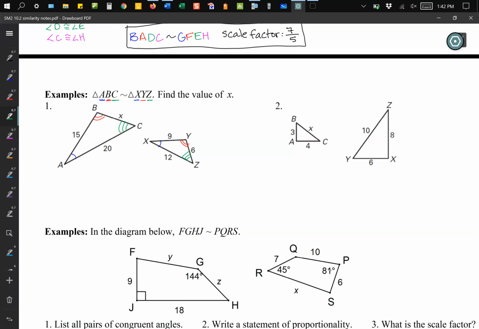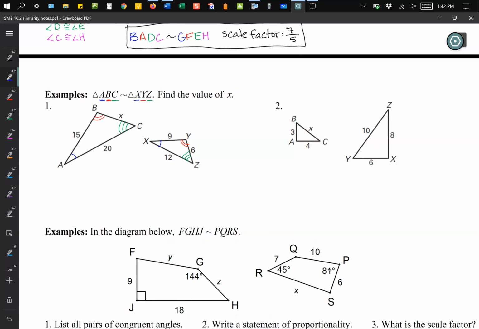So in order to figure out what X is, I need to find 2 sides that match where I know both sides. So I have a choice here because I know the side between A and B between 1 mark and 2 marks. I also know the length here between 1 mark and 2 marks. So I could use the 15 and the 9, but I also know between 1 mark and 3 marks, I know the 20 and the 12.